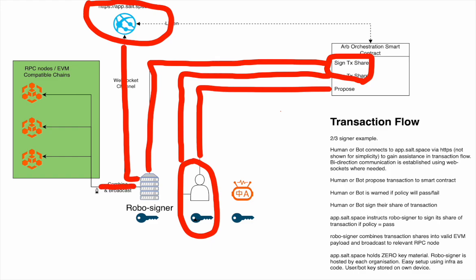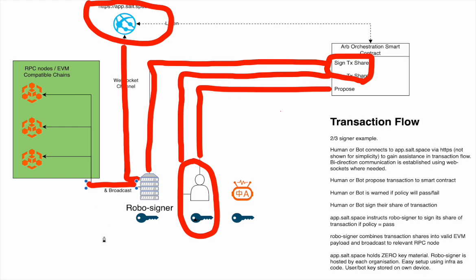And you can see that the robo-signer combines it into a valid Ethereum transaction, and then it will broadcast it to whatever the relevant EVM chain is. We support many EVM chains. This particular flowchart shows 3, but our intention is to support many more than that. And you can see that it will just broadcast it to the relevant chain.